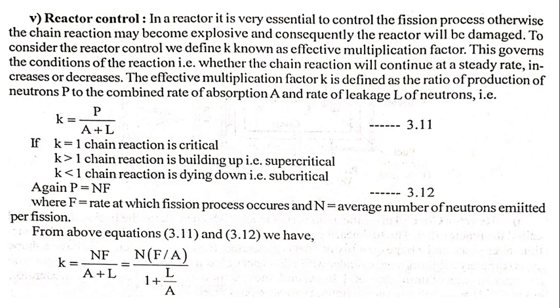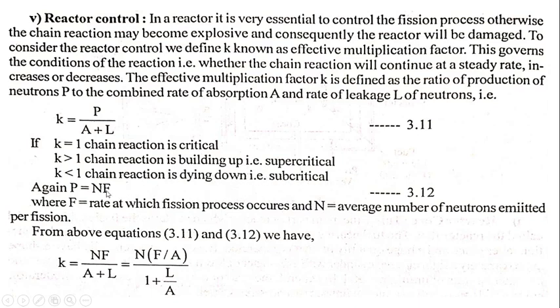That is, K equals P upon A plus L. If K equals 1, the chain reaction is critical, and if K is greater than 1, the chain reaction is building up, that is supercritical, and when K is less than 1, the chain reaction is dying down, that is subcritical.